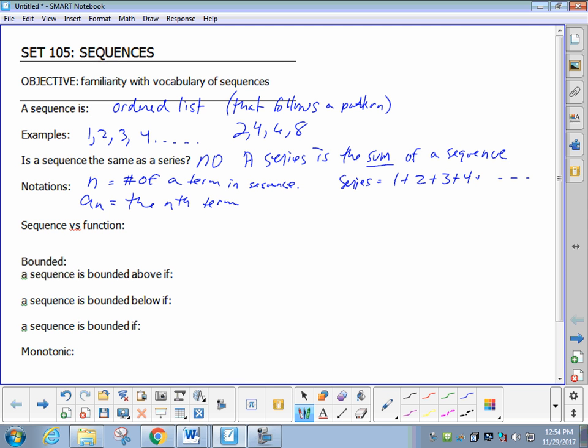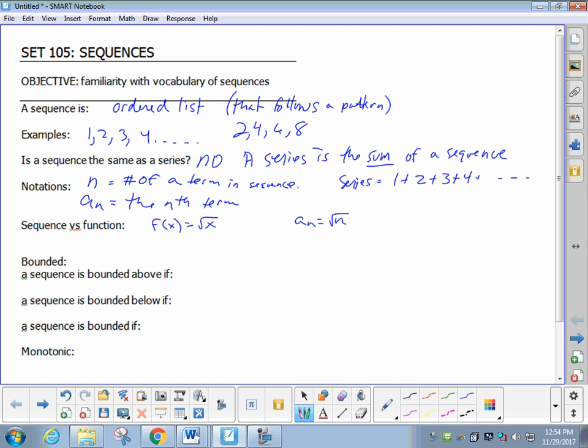Now, we have rules for sequences, just like we have rules for functions. But there is a little bit of difference. For example, when I say f of x is the square root of x, it would be like saying the nth term is the square root of n.